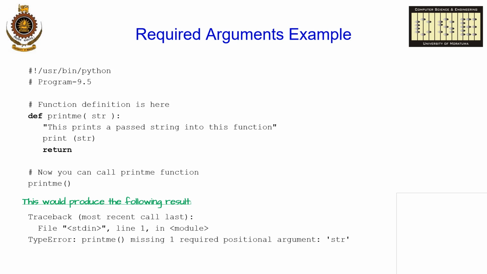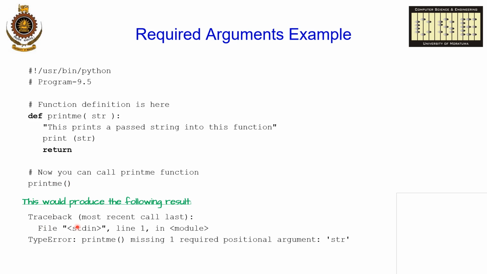Let's see what happens when we call a function, in this case the print me function, without the expected argument. As we know, print me is defined with one argument, str, just like before. Let's call it without any argument. It will give an error, as we mentioned earlier.